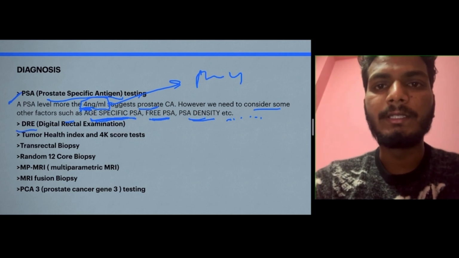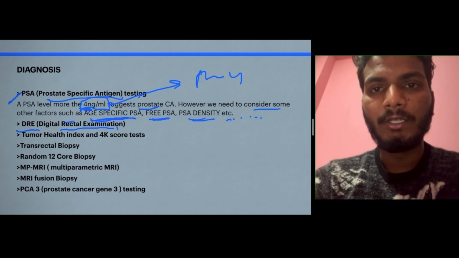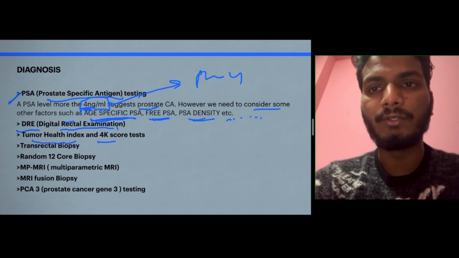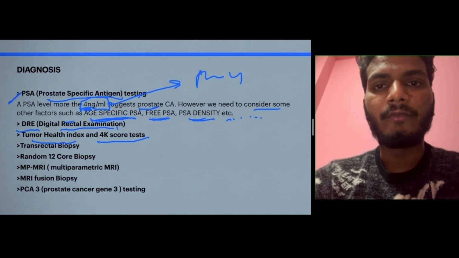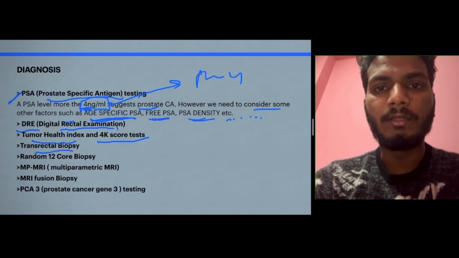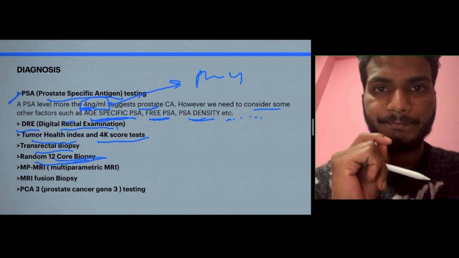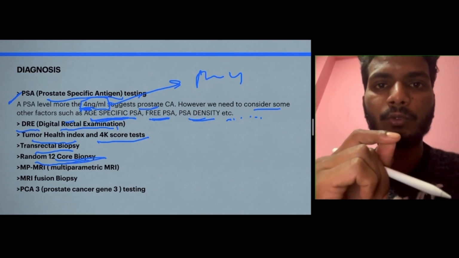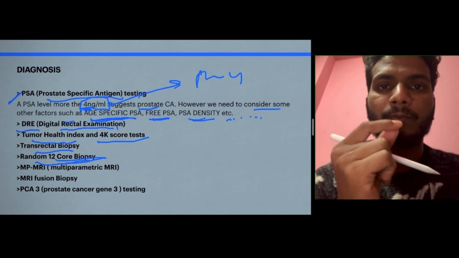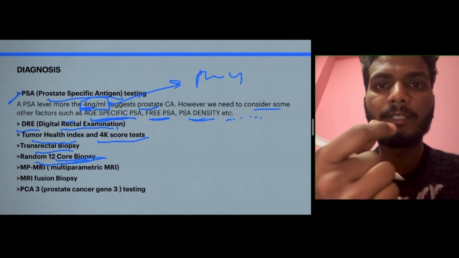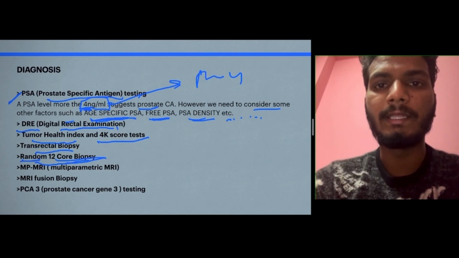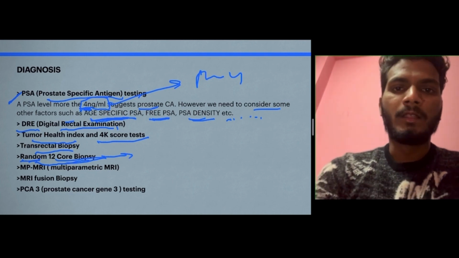Then we have digital rectal examination. The third one is the prostate health index or 4K score test. Then we have transrectal biopsy. Then there is random 12 core biopsy. In this we take biopsy from 12 places randomly, and then we look inside the microscope.